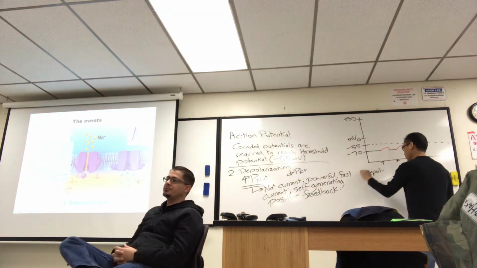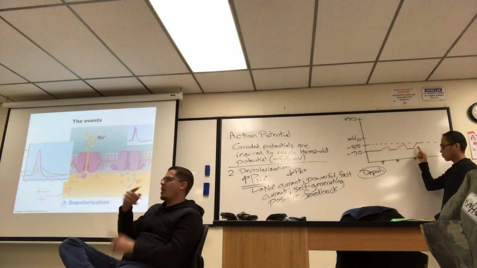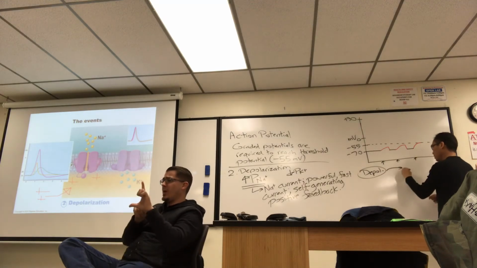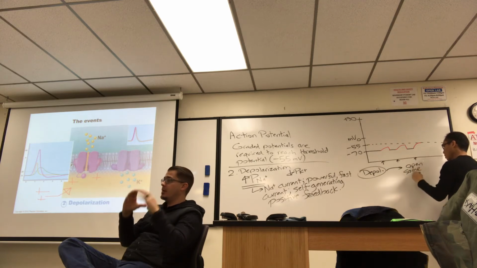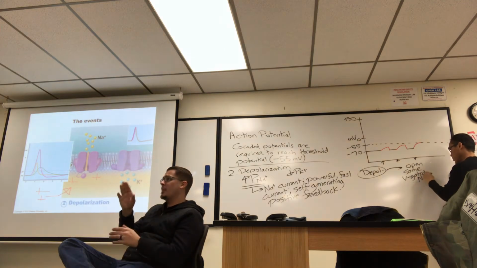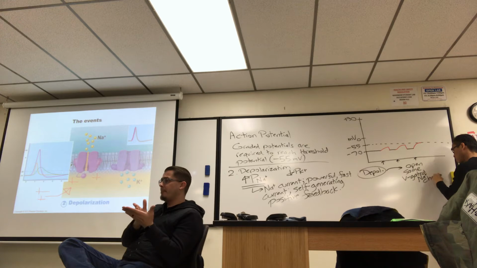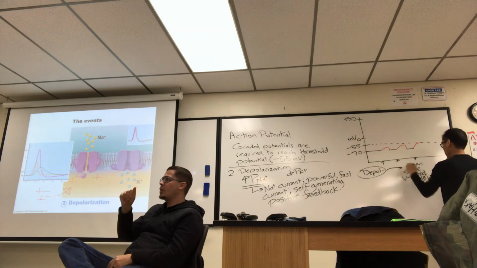That's a concept map. So you get some depolarization, some positive charge, and you reach threshold. So what if you open some V-gated sodium channels? Well, you're going to allow more sodium influx.